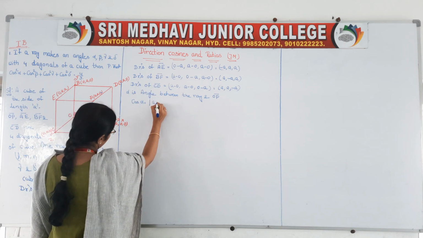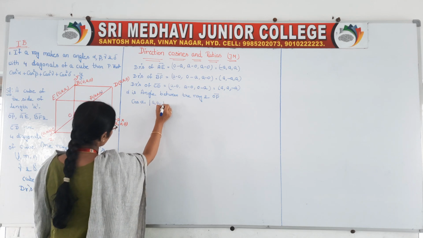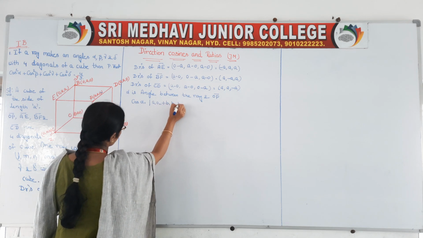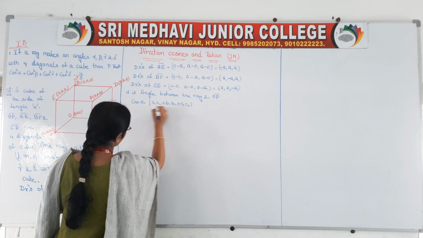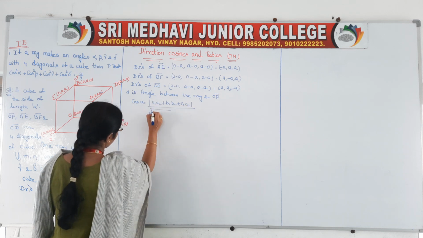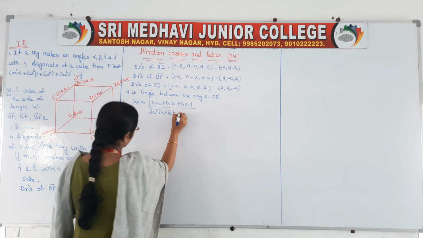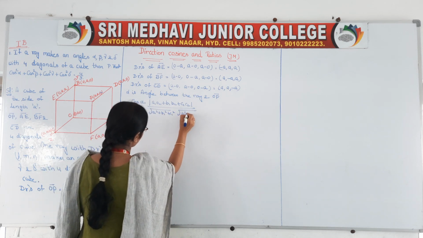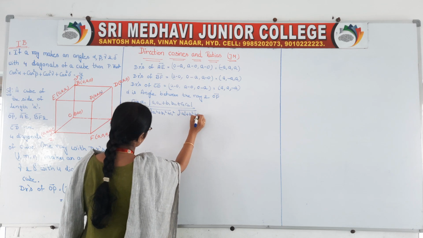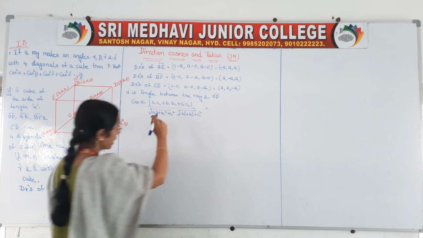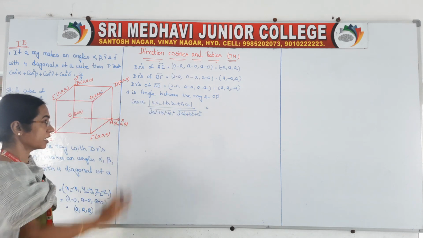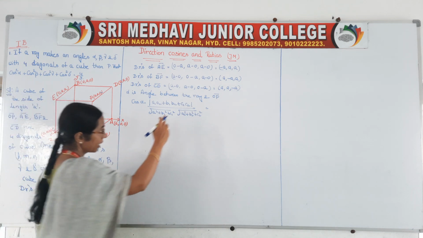A1 A2 plus B1 B2 plus C1 C2 by root of A1 square plus B1 square plus C1 square, root of A2 square plus B2 square plus C2 square, where A1, B1, C1 are the direction ratios of the ray, right?